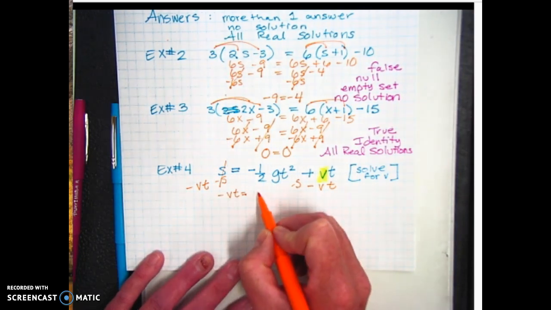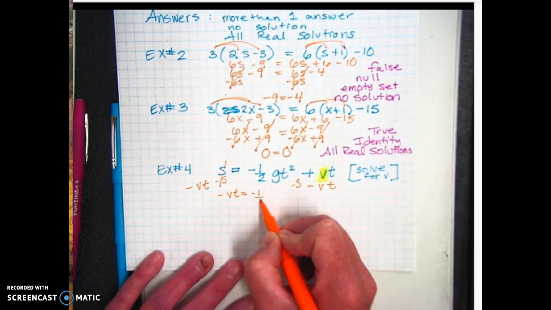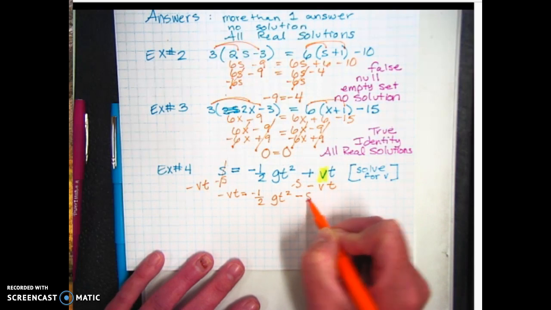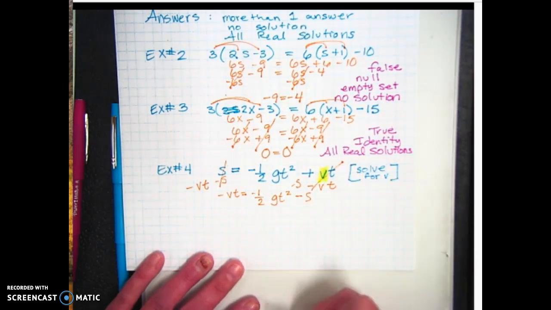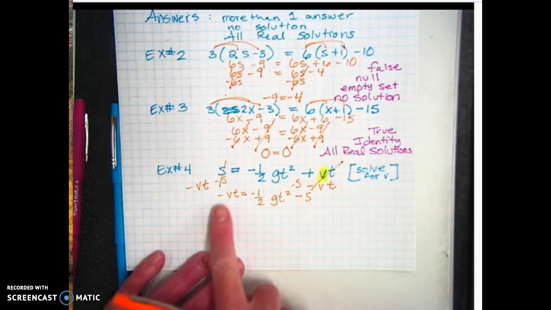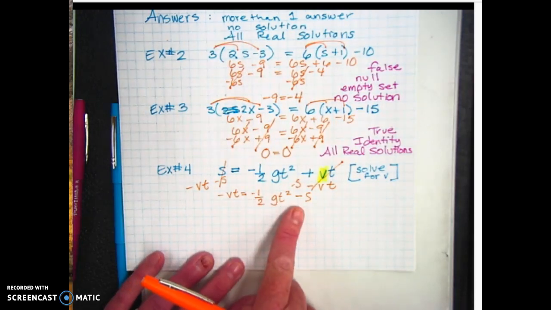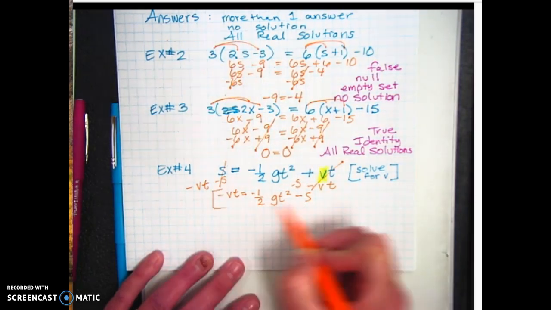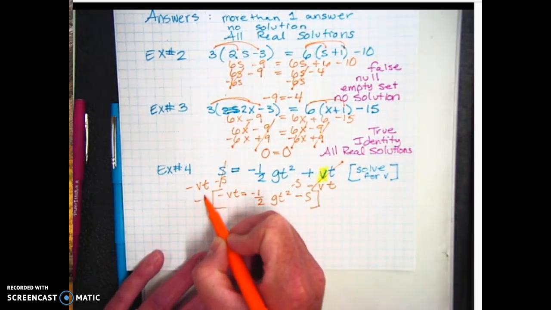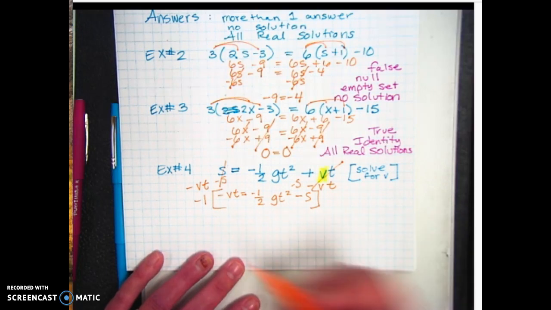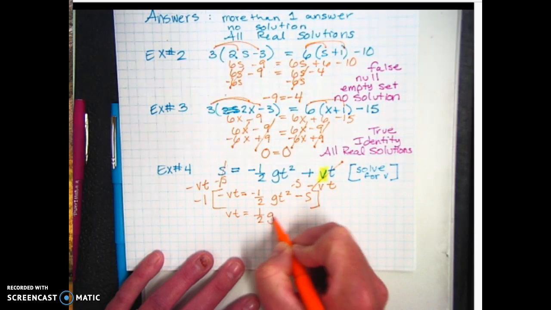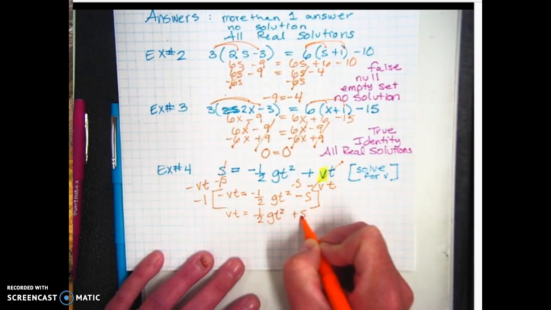So I have negative VT equals the negative 1/2 GT squared minus S, because these 2 cancel. Then I notice that everything's negative. So I'm going to do this weird thing next where I multiply everything by -1, just to make everything positive, because I like to deal in the positive. So VT equals positive 1/2 GT squared plus S.